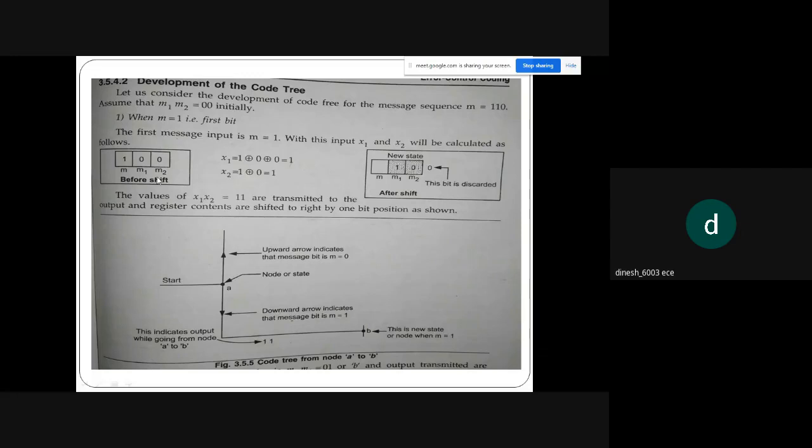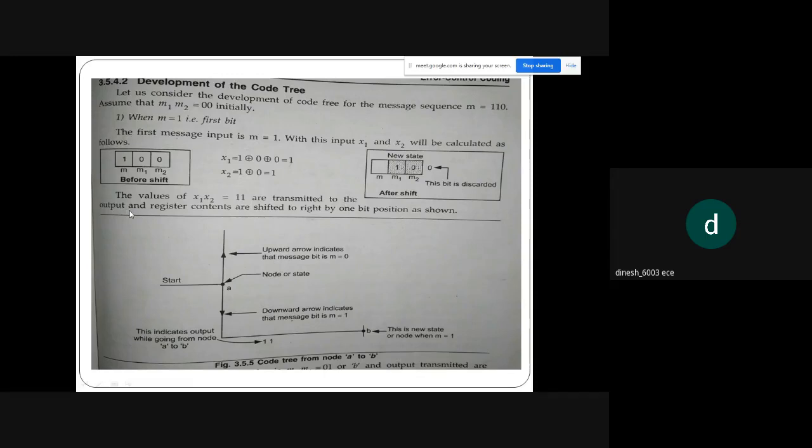For x2 I do the modulo 2 addition of m and m2, the first bit and last bit, so x2 is 1. So when the current message bit m is 1, x1 and x2 will be 1, 1, and this 1, 1 is transmitted to the output.